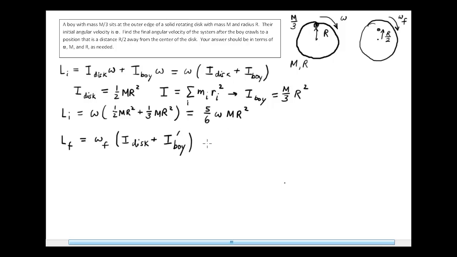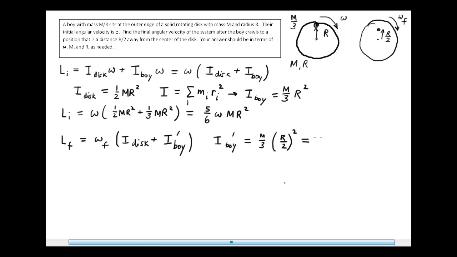And applying the same kind of reasoning here, I boy prime, the boy's mass is still m over 3, but now he's a distance r over 2 away from the rotation axis, and that gets squared, just like we had up here, m over 3 r squared for his initial location. Now the final location contributes this distance r over 2.